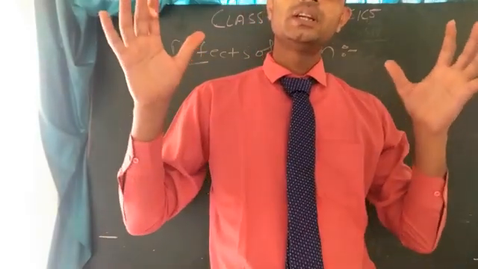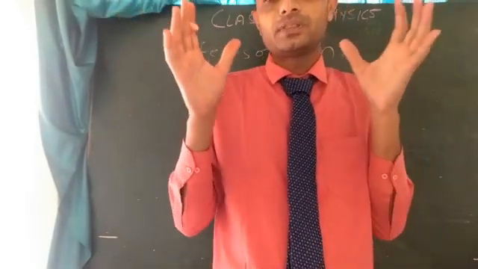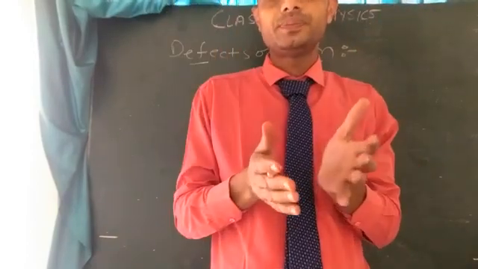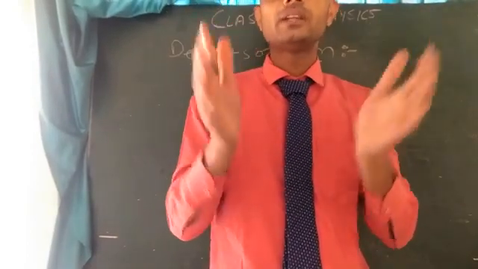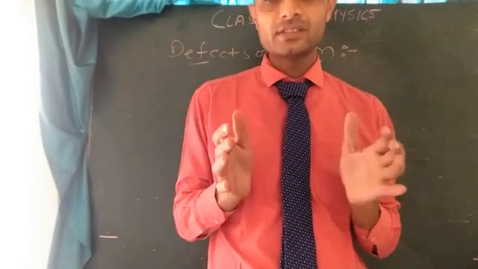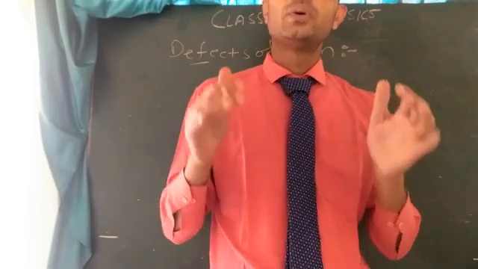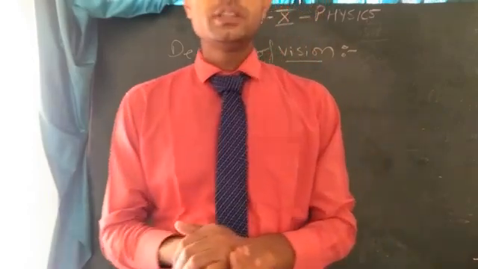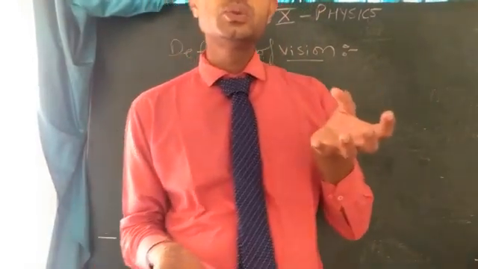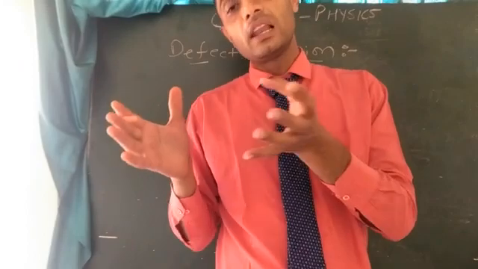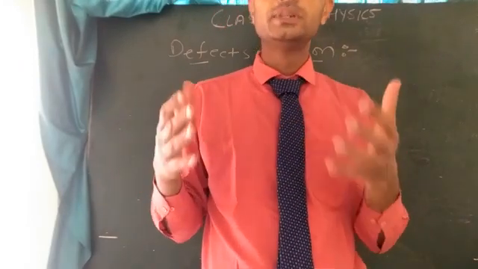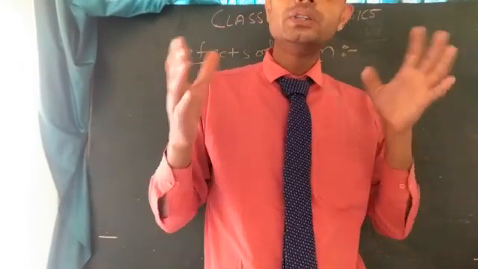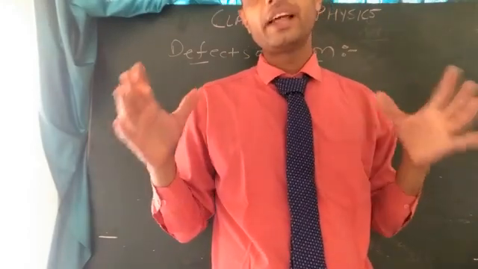It means they exert pressure on the convex lens, and the focal length decreases, and we can see nearby objects clearly. So this defect arises due to a defect in the lens. The eye lens becomes rigid, or due to weakness of the ciliary muscles.